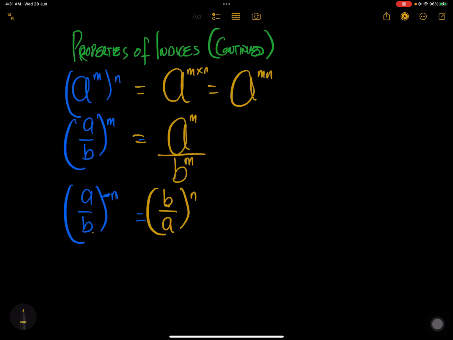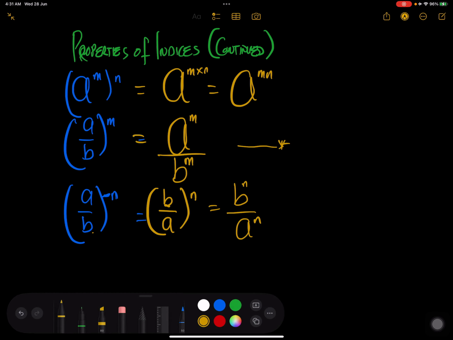And then from there we can apply this property here. The top is going to be b to the power of n divided by a to the power of n. We're applying this property here, rather than the first one.